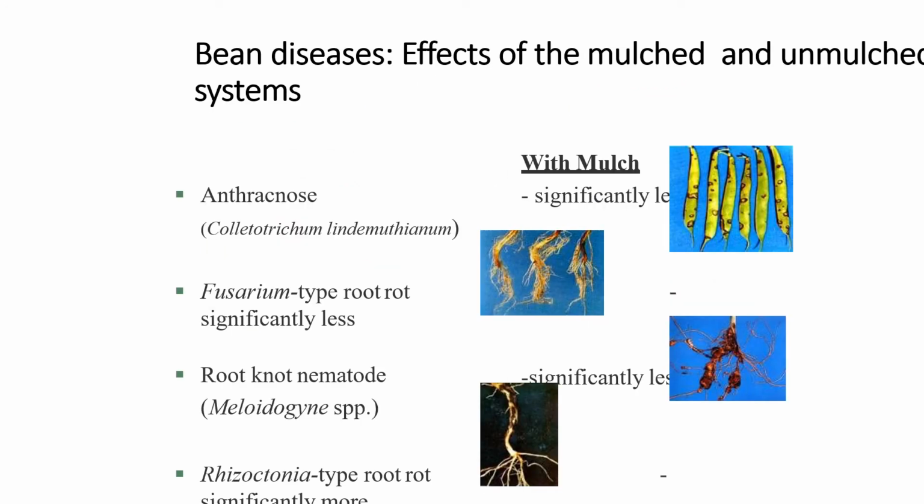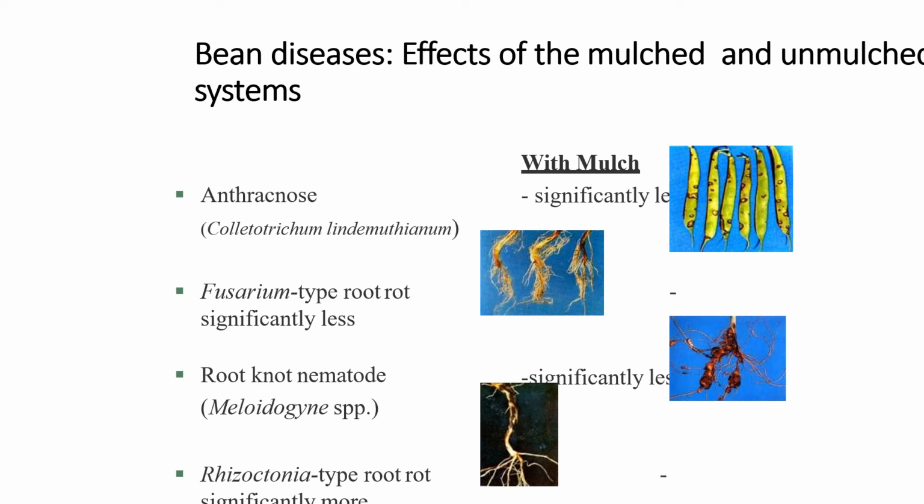In this slide, you can see different types of bean diseases and the effects of the mulched and unmulched systems. The first one is anthracnose. Here you can see the roots which are diseased. Then the second one is fusarium type root growth, which is significantly less.